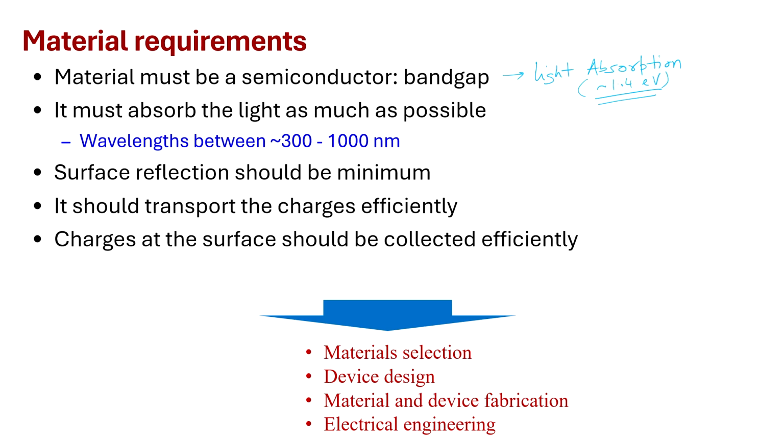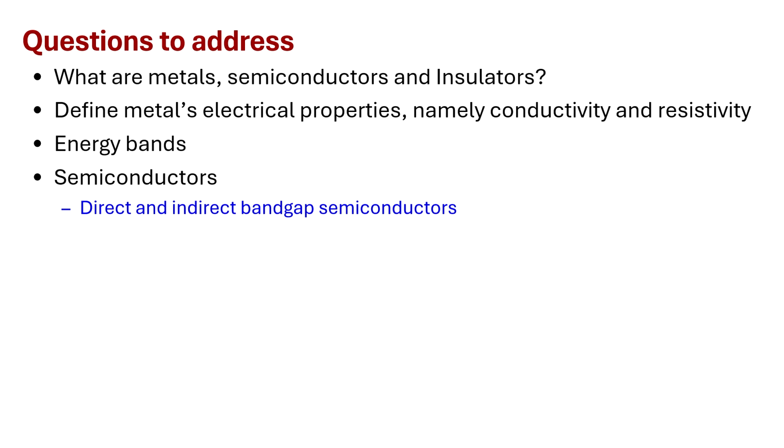So knowledge of all these topics is required in order to make a good quality solar cell device. So the questions that we will address in the next few lectures revolve around, first of all, what are metals, semiconductors and insulators. We define what are metals, electrical properties, namely conductivity and resistivity. We also introduce a concept of what we call as Fermi energy in this process.